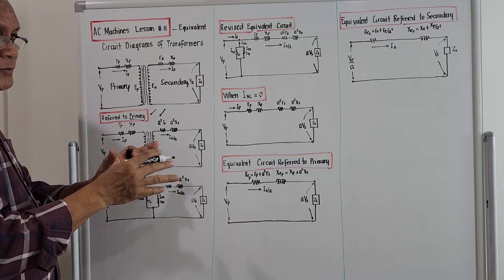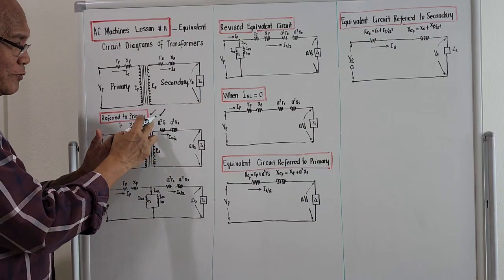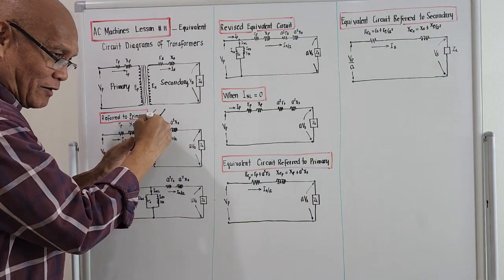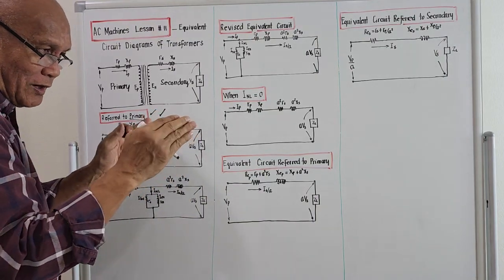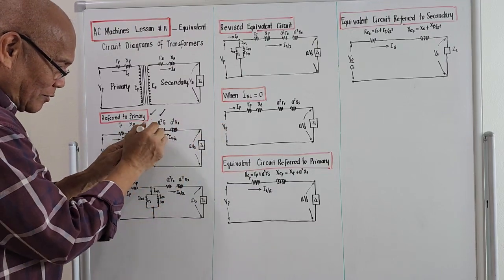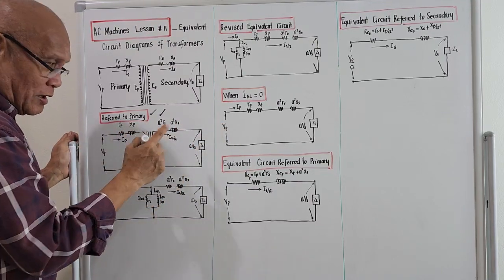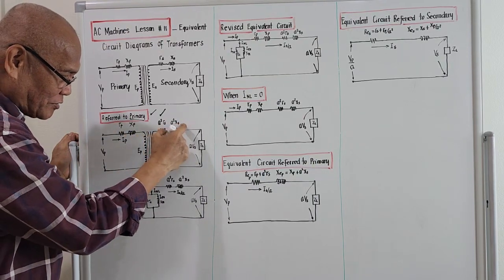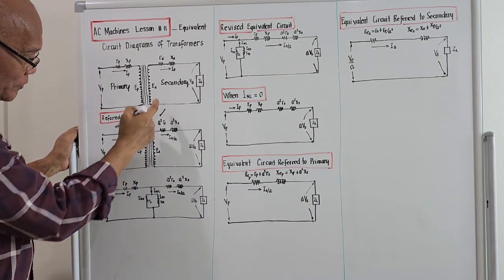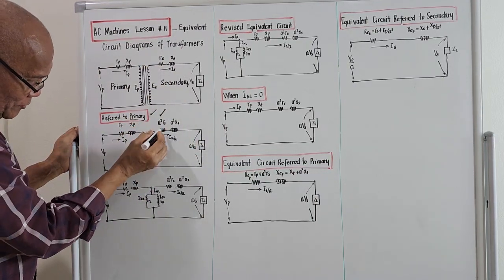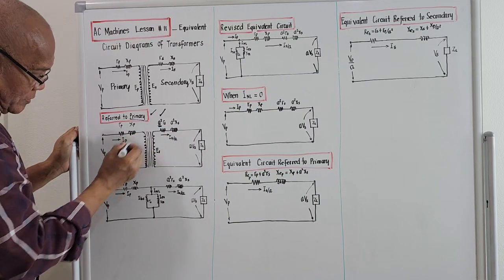I will not prove that multiplying this by a squared is the correct one, but the next time around, I will derive this one. For the meantime, let's accept that to convert all values on the secondary, we must multiply by a squared, considering the resistance and the reactance drop. So to convert this R_S as referred to the primary, we must multiply this by a squared. Okay?